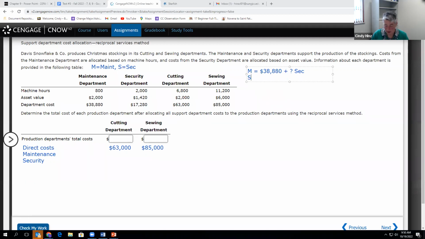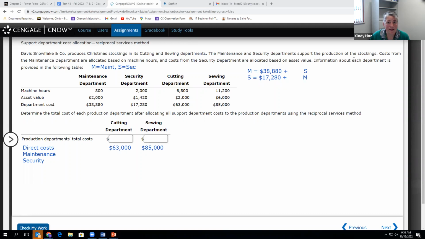And the security department's costs are $17,280 plus some part of the maintenance department. And that's what we need to figure out first to set up these equations. I'm going to give myself a little bit of space there. I need to come down here.